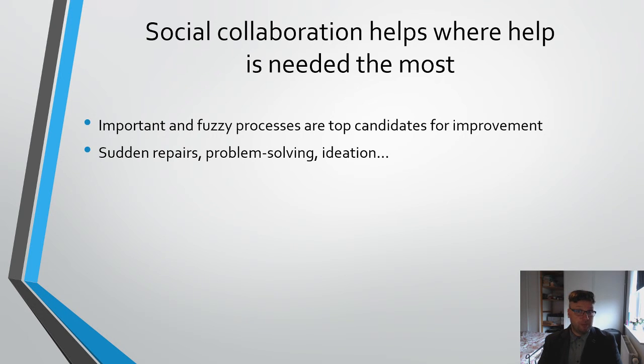But they're very helpful in things like sudden repairs, problem solving, ideation, innovation. These sort of more fuzzy things that are harder to get a grasp of, very difficult, if not downright impossible, to get to work on takt time, and things that companies are usually not that good at. So social collaboration tools help where help is needed the most, and that's what makes them such an interesting addition to a process improvement toolkit.